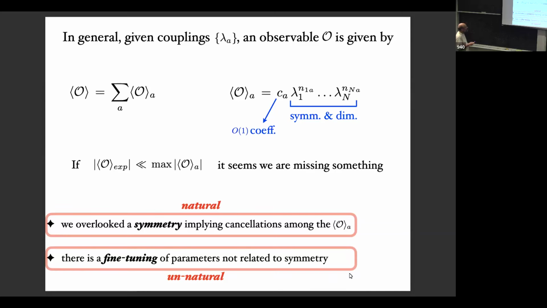Okay? So overall, given a certain theory, a certain system, the system will depend on some parameters, which I indicate by the lambdas. And as I emphasized, it's always possible to view these parameters as transforming under some symmetries. While these lambdas are the parameters of the theory, the C_A are fixed.